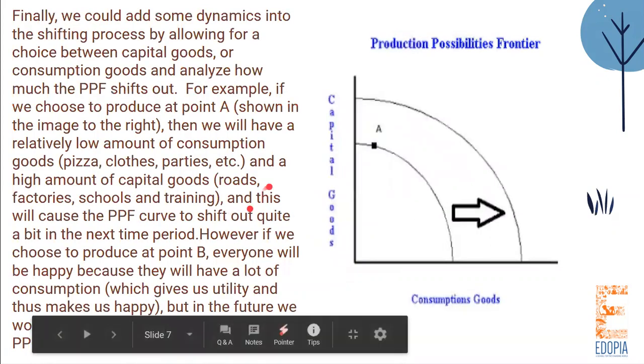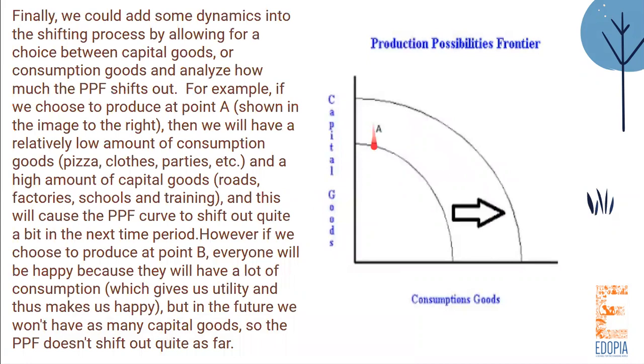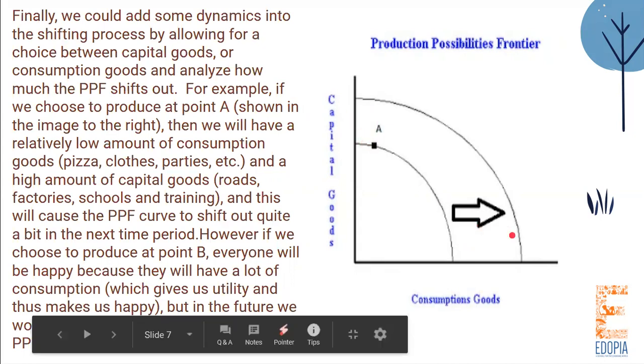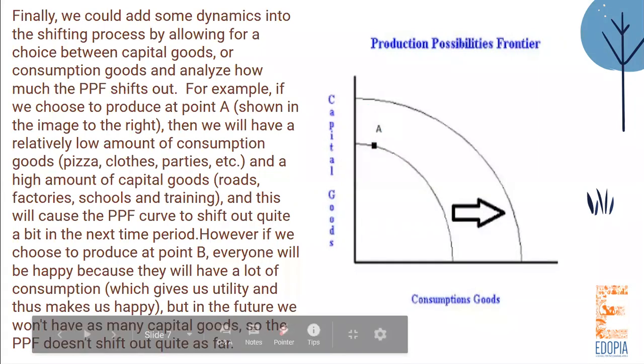Now we need to understand that at times one of the goods is going to increase more, while the other good might increase at a lesser proportion. That is because we have shifted our resources to the production of that particular good rather than the other good. For example, the partial shift can also be shown like this.